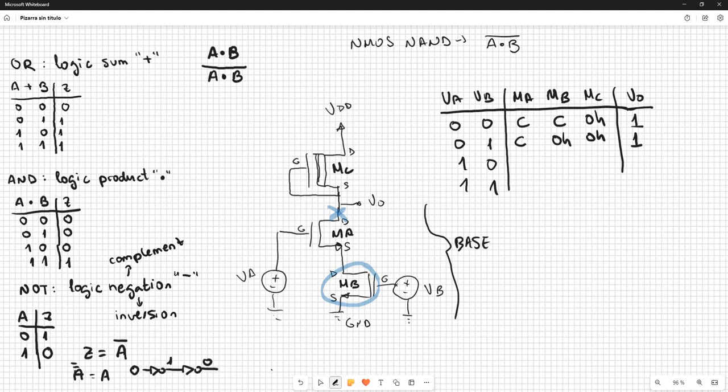In this case we have, not exactly the same, sorry, but the A transistor is in ohmic, the B transistor is in cutoff, and again the C transistor is going to be in ohmic.